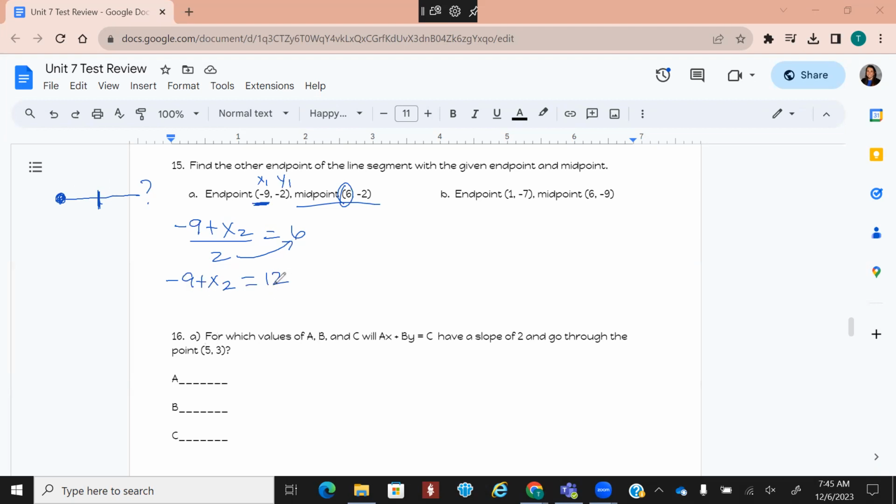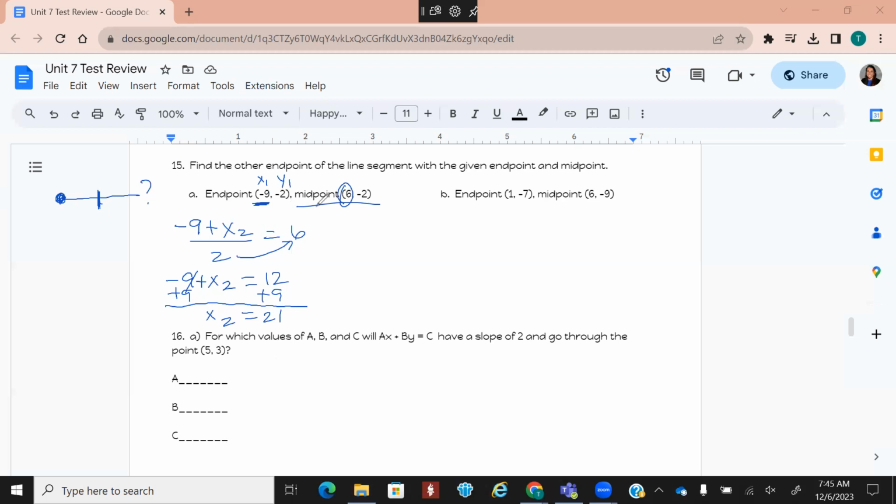How do we move that -9 to the other side? We add. Why are we adding and not subtracting? We're trying to zero this out, or we're trying to do the opposite sign of that. What's 12 plus 9?